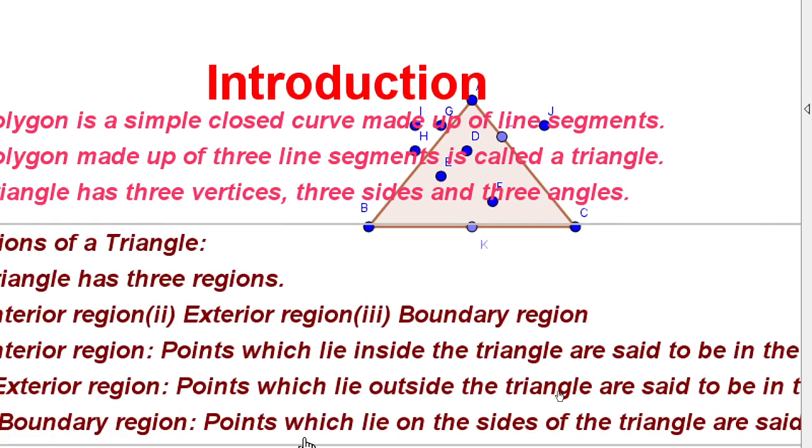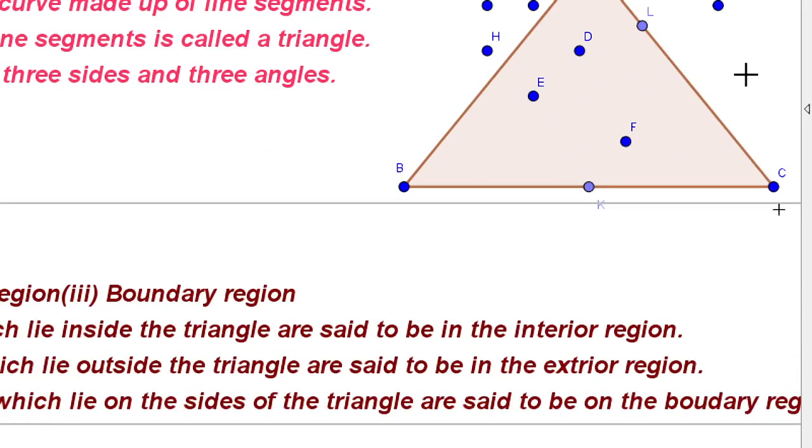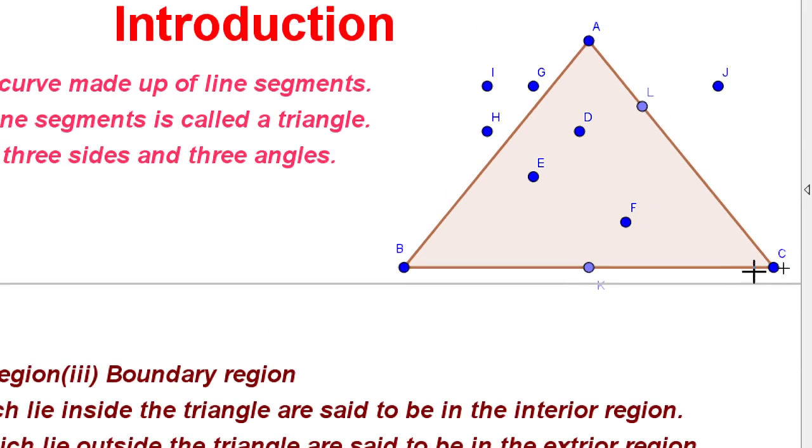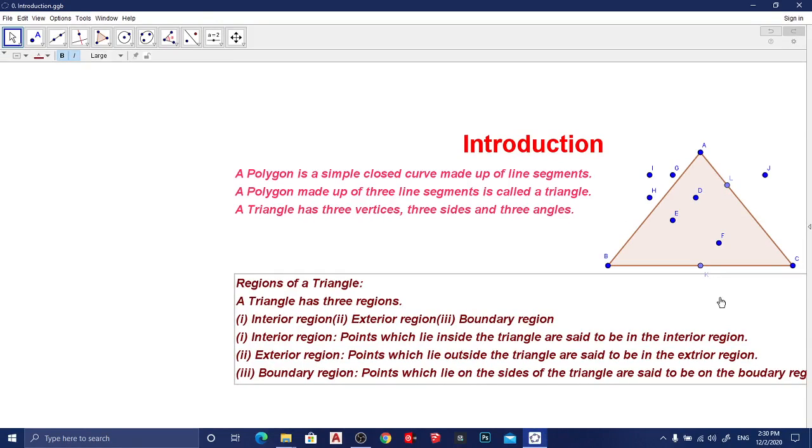The points which lie on the sides of the triangle are said to be the boundary region. Here on AB, BC and AC, only 2 points are shown, L and K. So these two are the points on the boundary region.